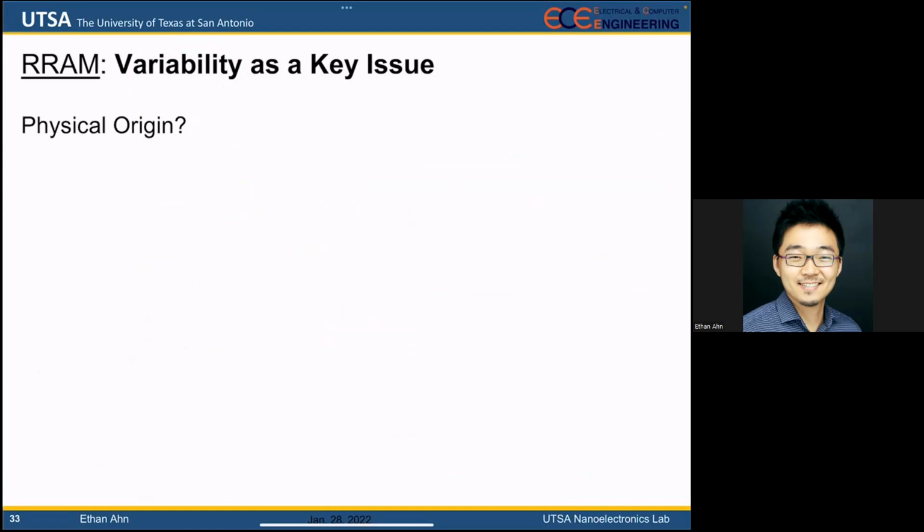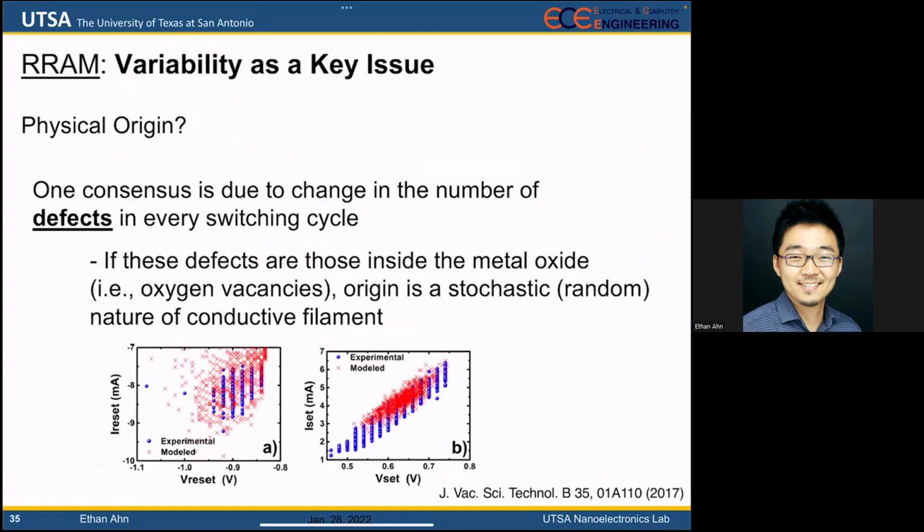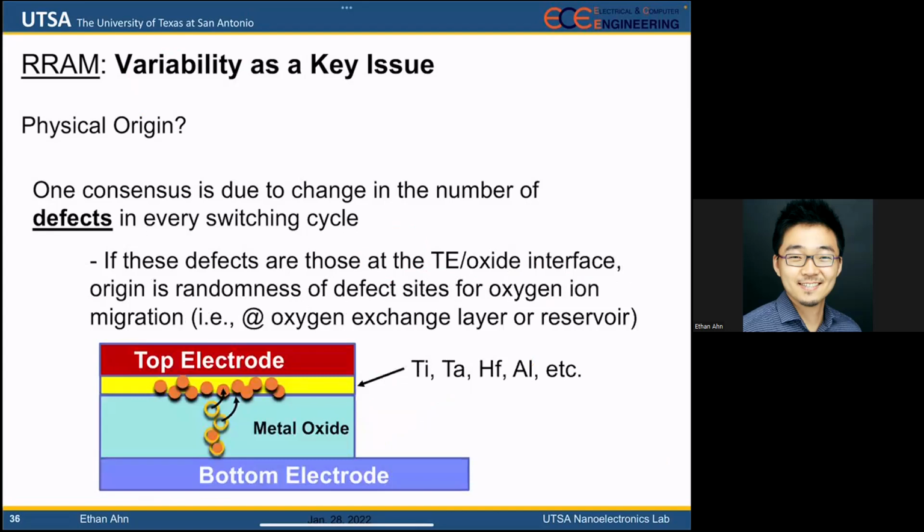what would be the physical origin for this variability, by looking at where these defects actually are, because these defects can be a physical origin for this variability. These defects can be inside your metal oxide, and they can be of a stochastic nature for sure, as studied by some other groups, but I'm looking into those defects at the interface, the interface between the top electrode and your metal oxide.